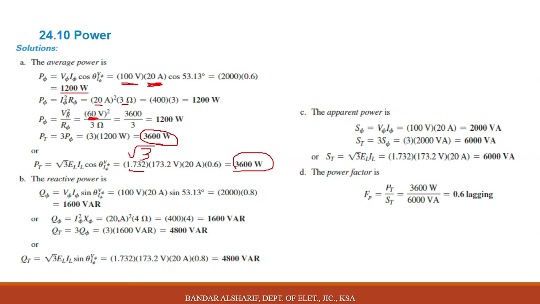Similar, I squared by X, you get the same answer, and for the total multiply by 3. Or V line, I line, sine, multiplied by root 3, you will get the same answer. Try to use the calculator to prove this answer. Make exercises by yourself for each answer.